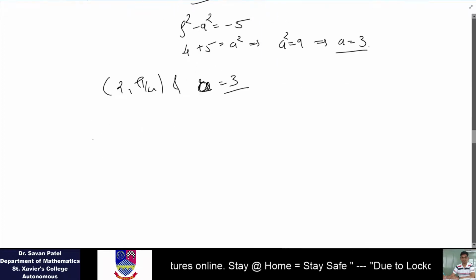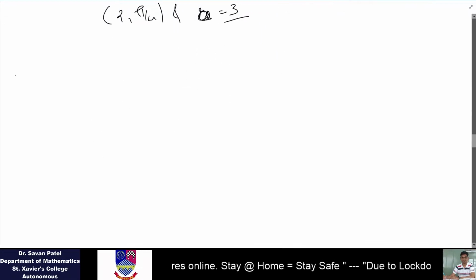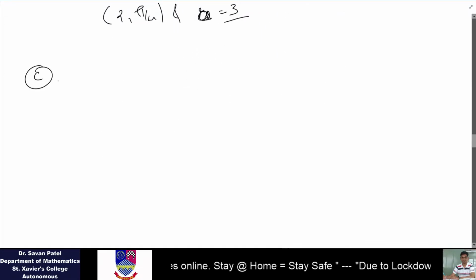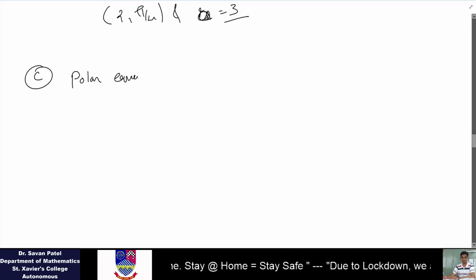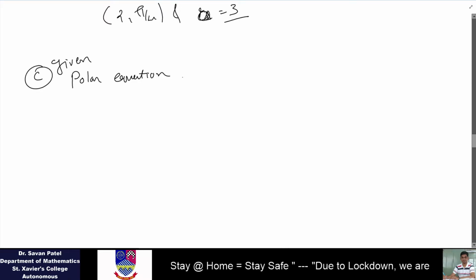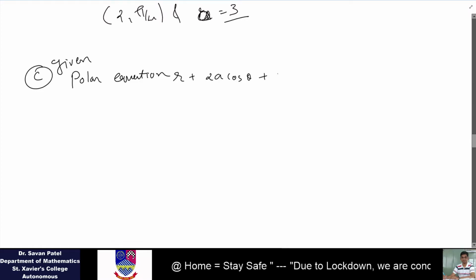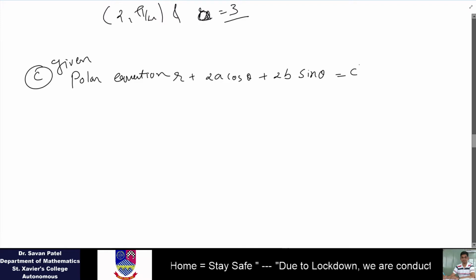Let's go towards some more general problem, that is C. Let the polar equation be given as r plus 2a cos theta plus 2b sin theta is equal to c square by r.